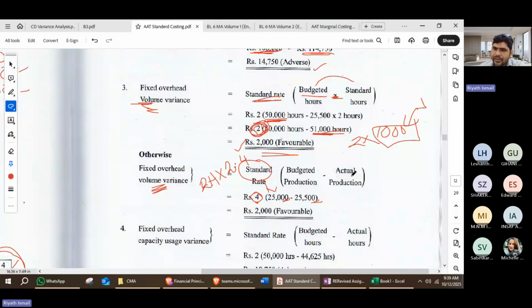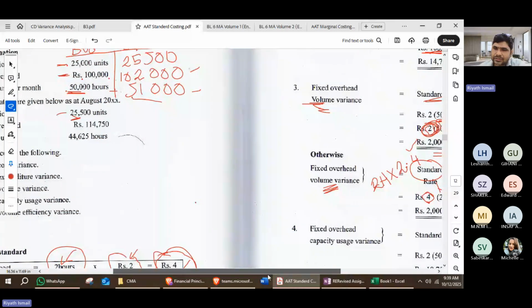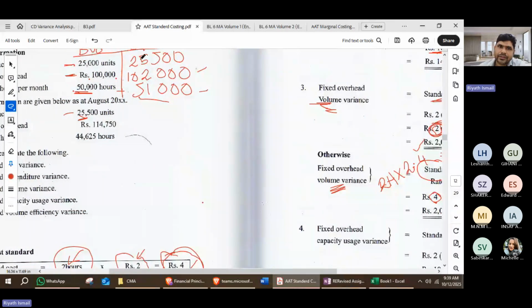Even if you take standard production in terms of units, it is also 25,500.